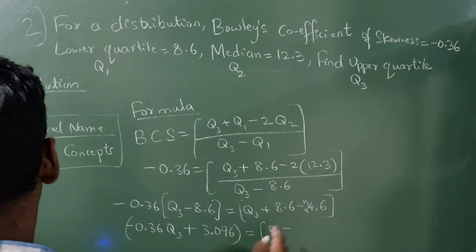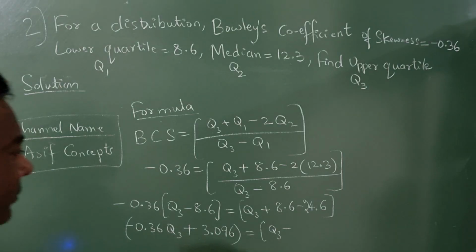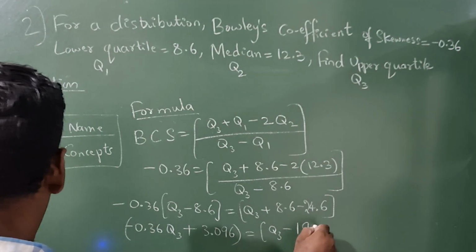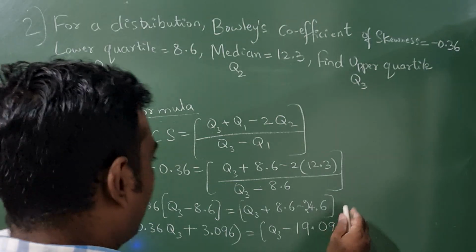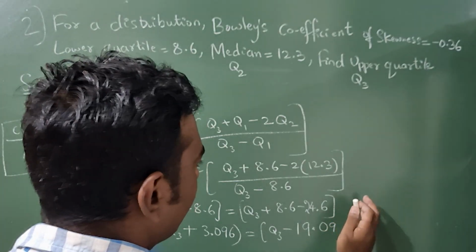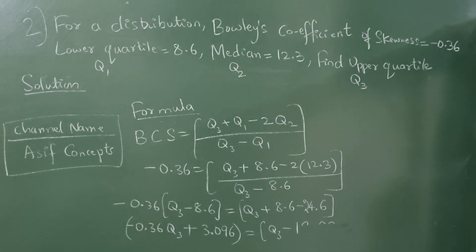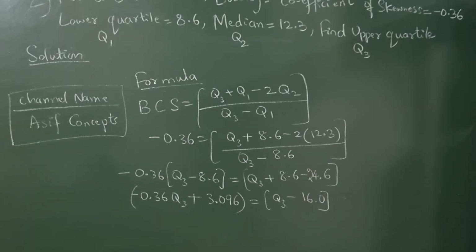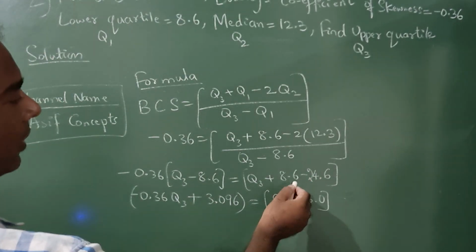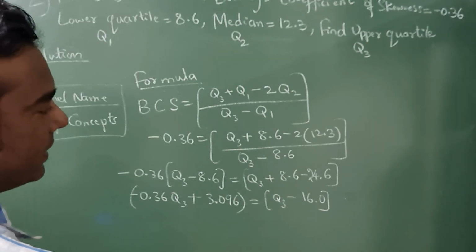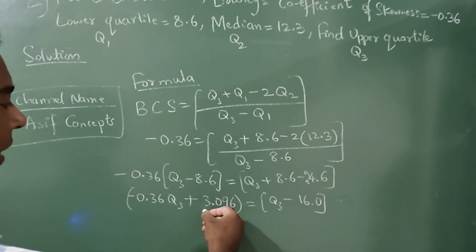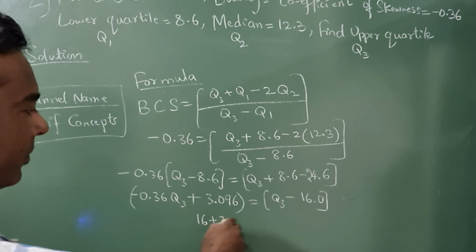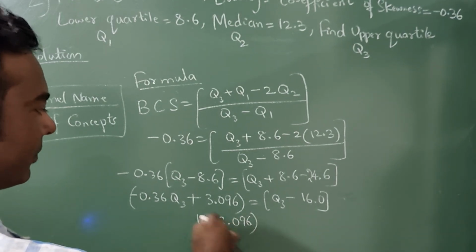Fine. And then next, right here Q3, subtract these two. If you subtract 24.6 from 8.6, then you will get minus 16. Now minus 16, take to the left hand side, it will become plus 16, and write this as it is.